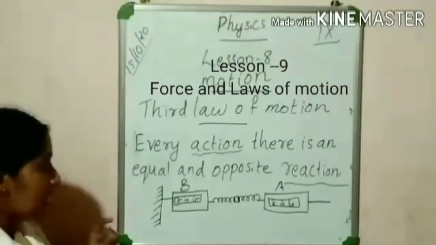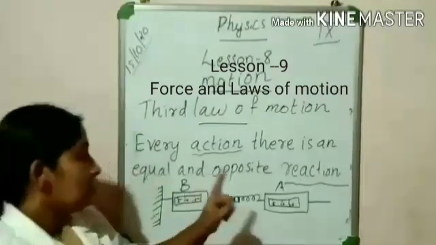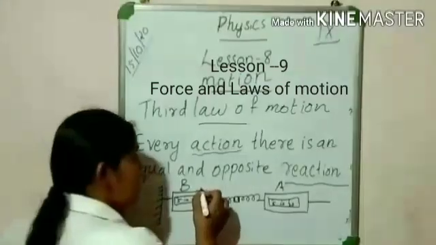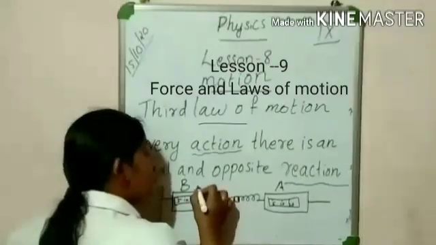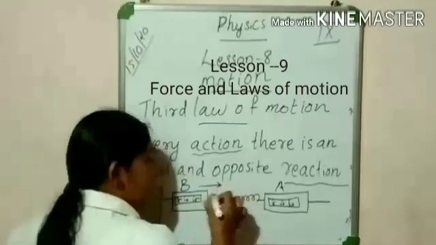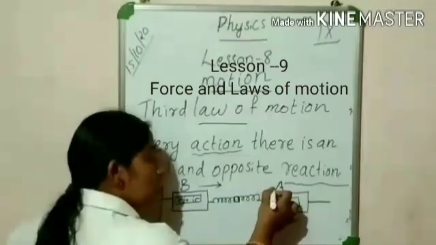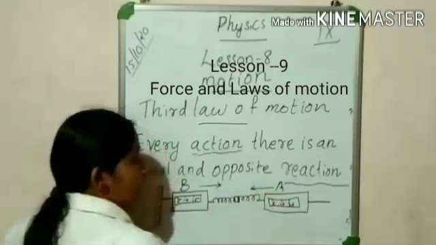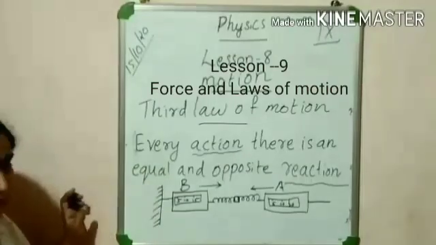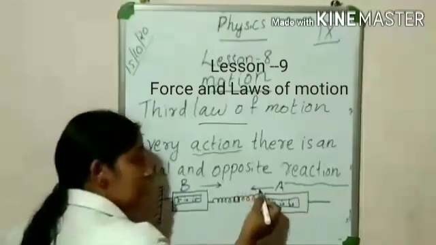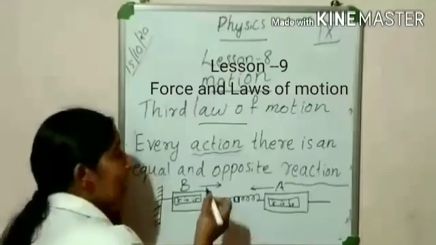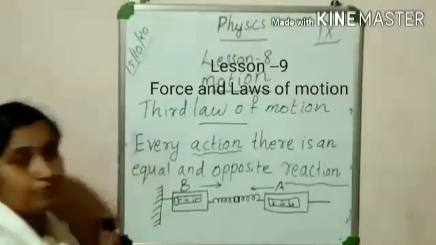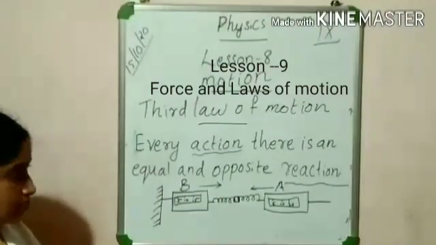What does it mean? It means that balance B applied a force on balance A, and balance A also applied a force on balance B. These two forces are equal, but the directions of these forces are opposite.